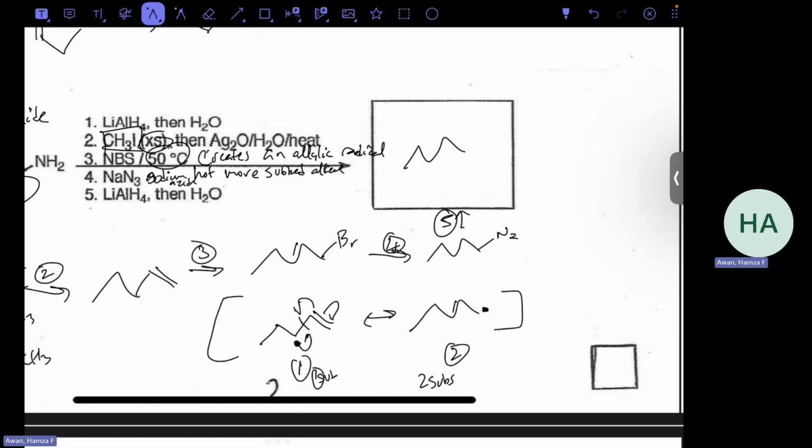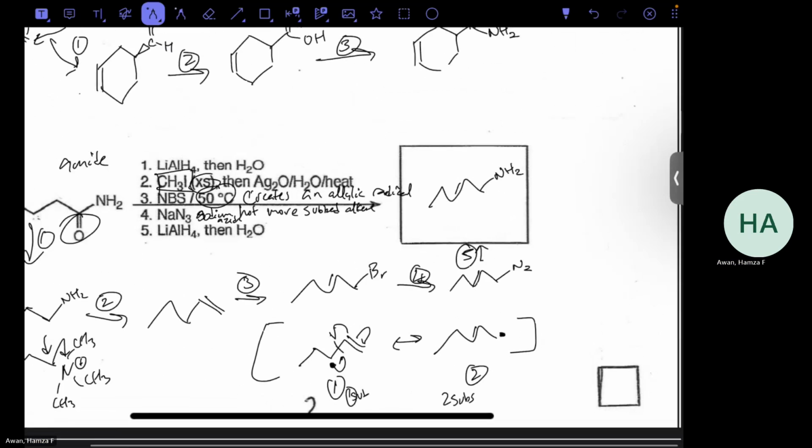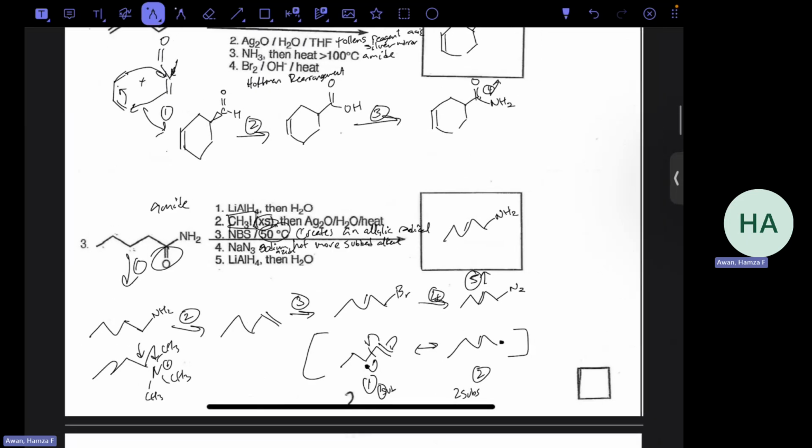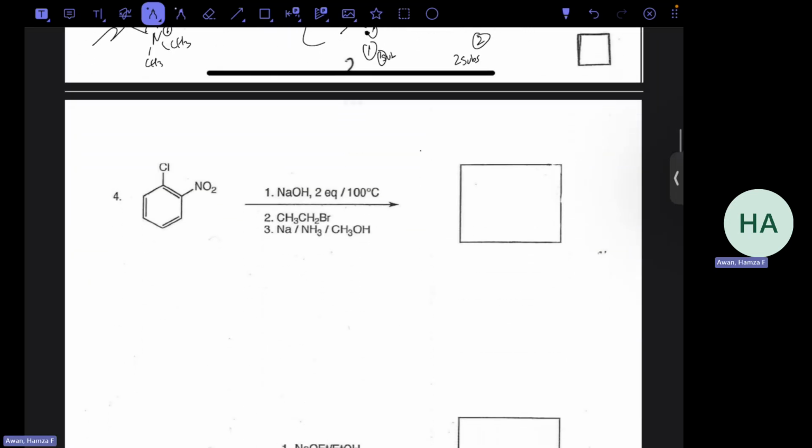So we have a primary amine, NH2, and I missed the double bond. So just like that. That will be our answer for number 3. Any questions? No questions? All right.